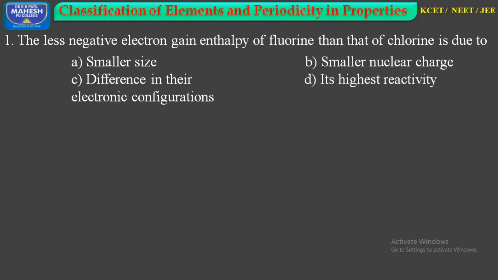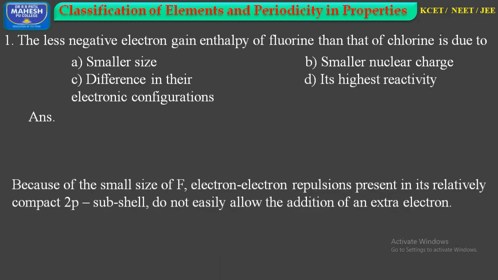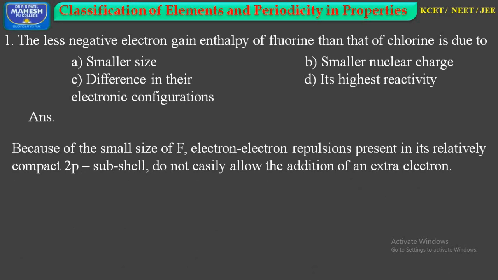Students, because of the small size of fluorine, electron-electron repulsion present in the relatively compact 2p subshell do not easily allow the addition of an extra electron.